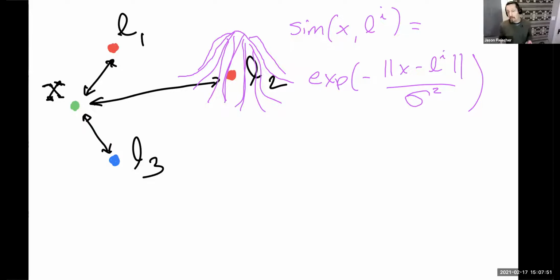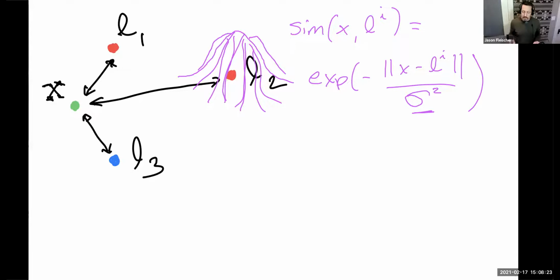The nature of a Gaussian curve, when it's defined like this with a single sigma, is that it's equally round, so to speak, in all dimensions. So it's going to fall off at the same speed in this direction as it will in this direction, right? It's round in any cross section, right?